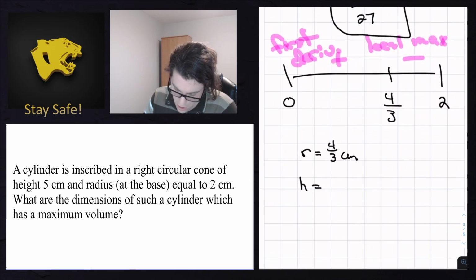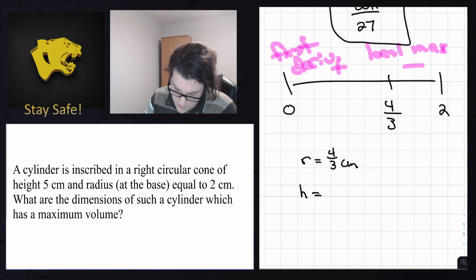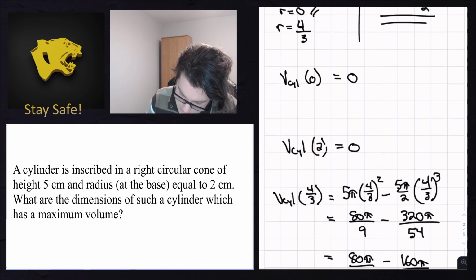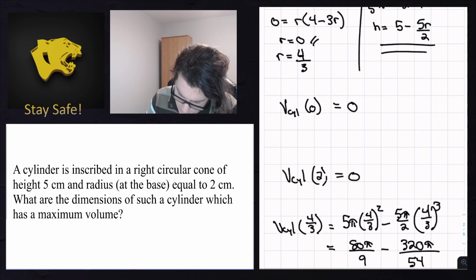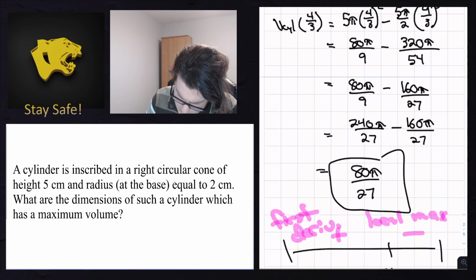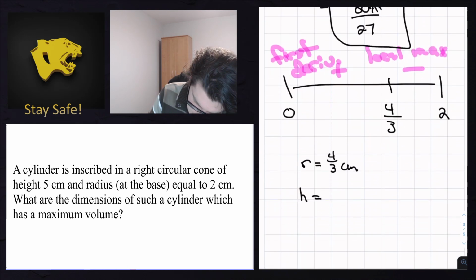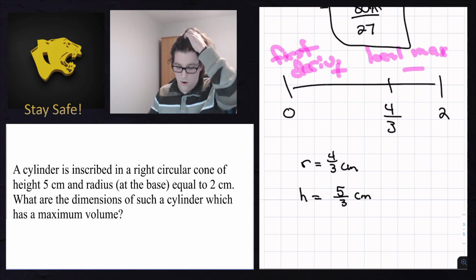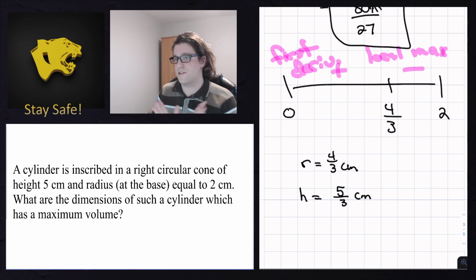So 5 halves of 4/3 would be 10/3, and 10/3 taken away from 5, so 15/3 minus 10/3, would be 5/3 centimeters. All right, so hopefully that's correct. We'll test it out here in just a moment.